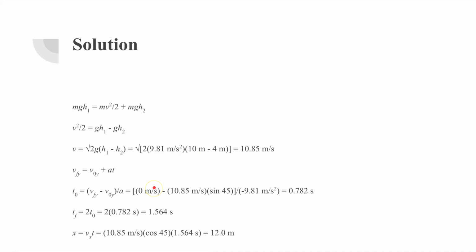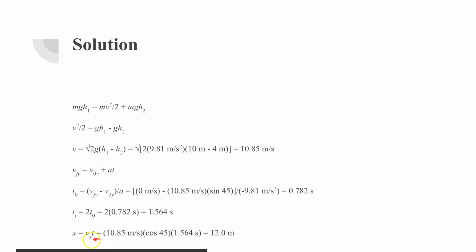We get 1.564 seconds, and then you could substitute into the x equation, x equals v_x t. You could always derive this by using the general definition of velocity solved for x. That equals v_x t, which equals 10.85 meters per second times cosine of 45.